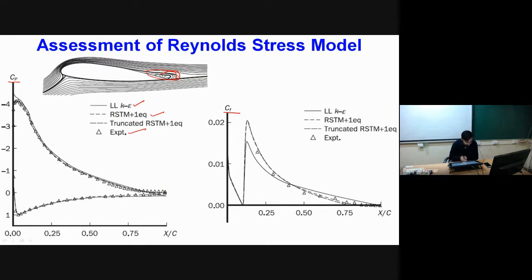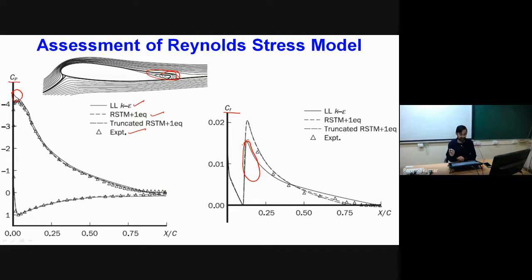You can see over here that the K epsilon model is showing certain deviation, whereas the RSM model is showing a close match with the experimental data. Similarly, here also you can see the K epsilon model is showing significant deviation, whereas the RSM model is quite close.